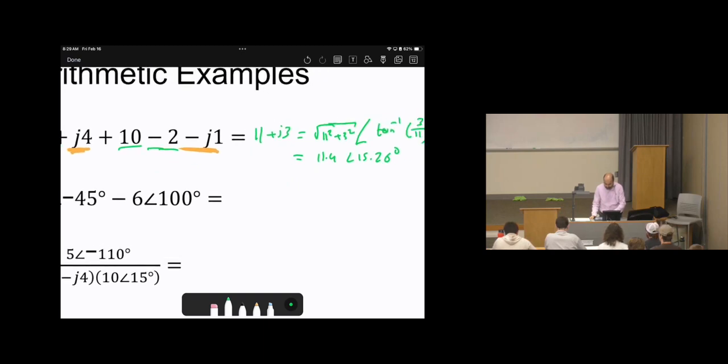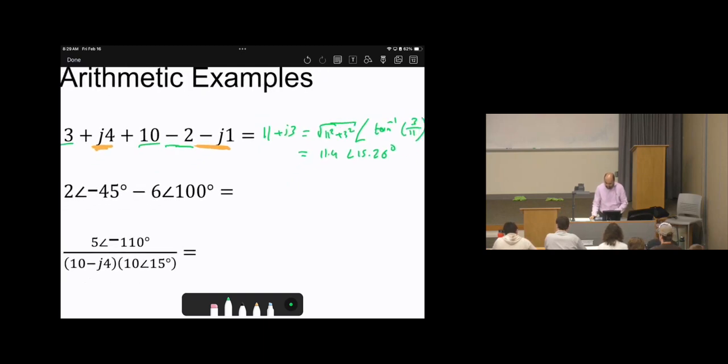The next one is subtraction, but the problem is that everything in this expression is in polar. According to our procedure, in order to do subtraction or addition, we need to convert everything to rectangular coordinates. So let's convert this to rectangular coordinates. The first number, I encourage you when you convert this to put the brackets.